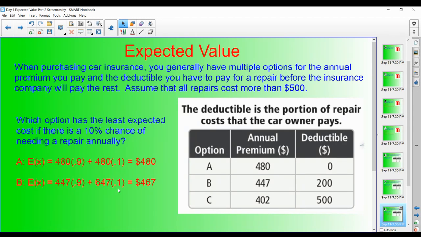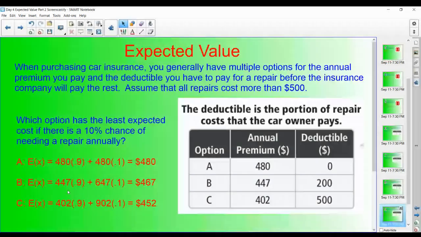But 10% of the time, you're going to have to pay the $447 plus $200 for your deductible because you got in an accident. That would cost you $647 total. And the expected value of this would be that you're paying, on average, $467 a year. Because you're either paying $447 or $647, and you're a lot more likely to pick $447.